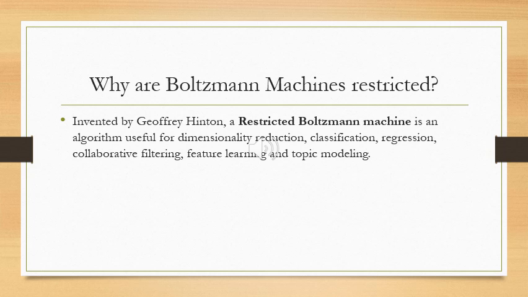Moreover, for the unrestricted Boltzmann machine, the implementation is extremely difficult, and that is where the restricted version comes into the picture. The restricted Boltzmann machine has only one difference: visible nodes are not interconnected.